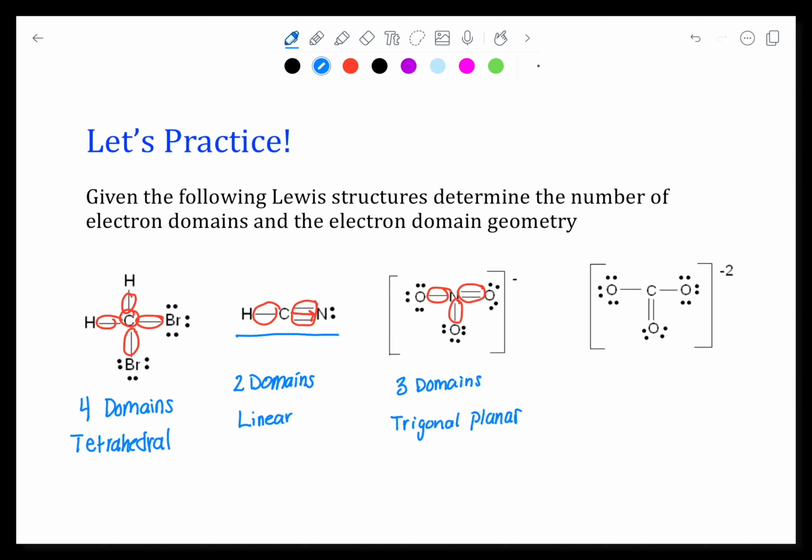Okay, in our last example, we have carbon with a single bond, a double bond, and a single bond. So that's again 3 domains. 3 domains corresponds to trigonal planar. Now don't worry, we will have a lot more practice with our different types of electron domains and all the different types, AB2 through AB6, throughout this lecture.